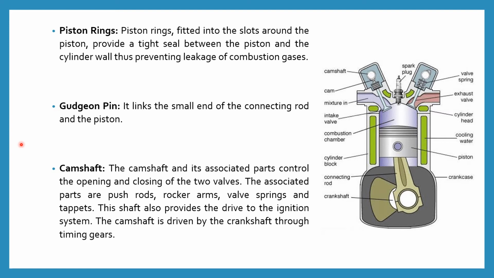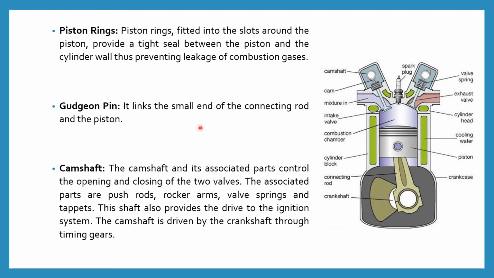After the piston ring, next one is the gudgeon pin. The gudgeon pin links the small end of the connecting rod and the piston. So the gudgeon pin helps to connect the connecting rod.